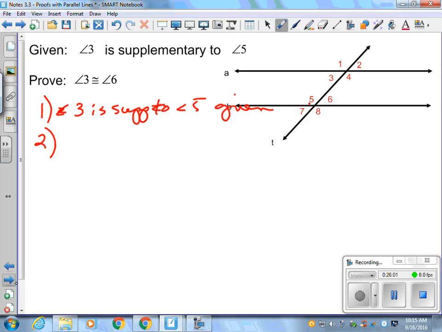And if we can't get there, then we might come back in and bring in a vertical angle or something else. So angle 5 is supplementary to angle 6, not because it's one of our special names of angles that have to have parallel lines, but because it's just the regular everyday definition of supplementary angles.